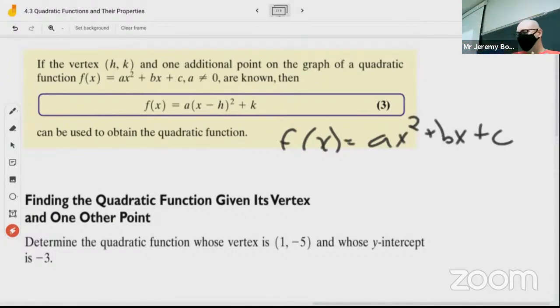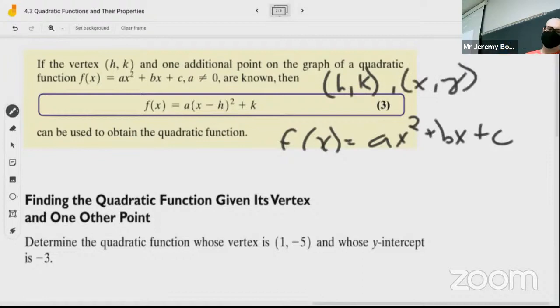So when we're looking at this and we think about what we have, if they give us the vertex, h, k, and they give us some other point, then that means they're giving us h, k, and an x and y to go together. That's the two things that they are providing. And if we look at our form of the function here, the only thing we do not have is a.